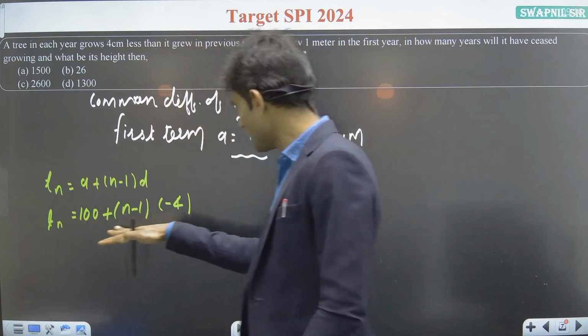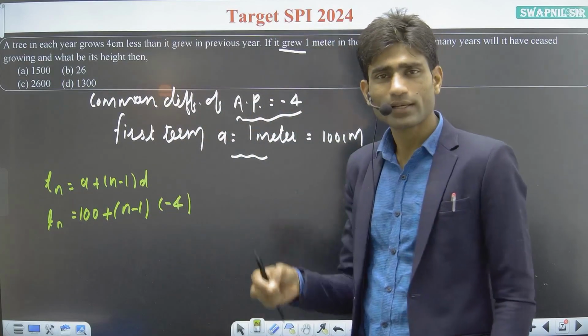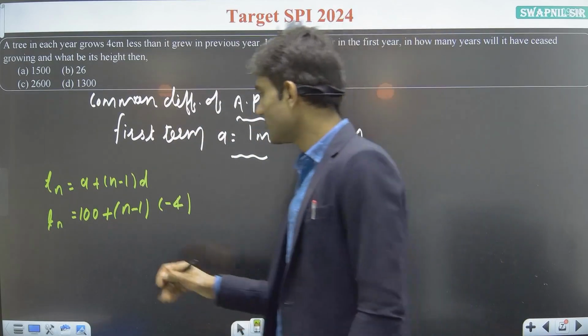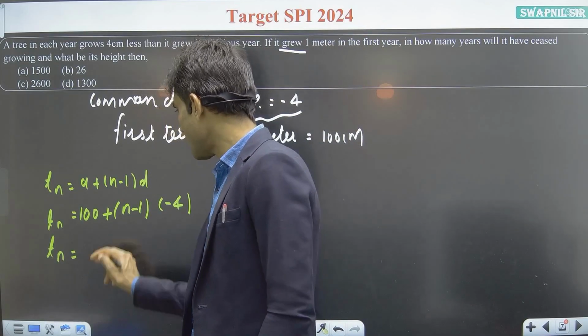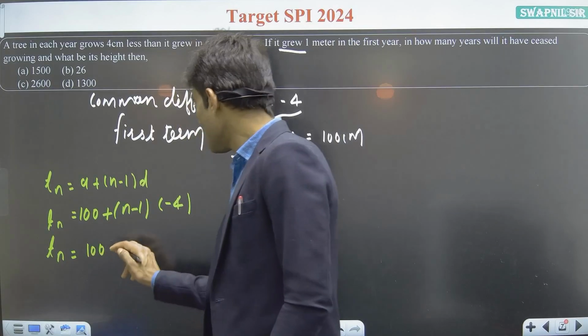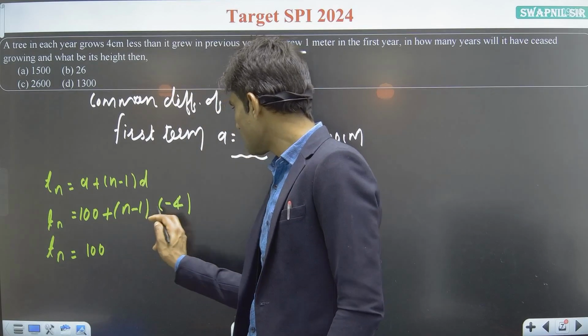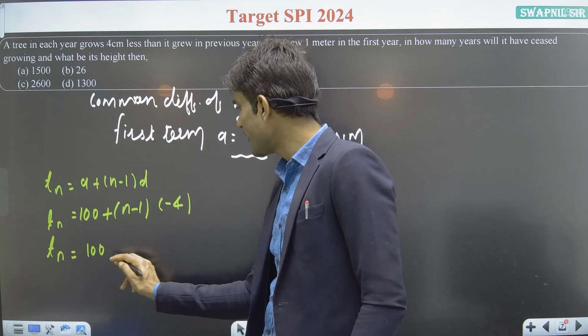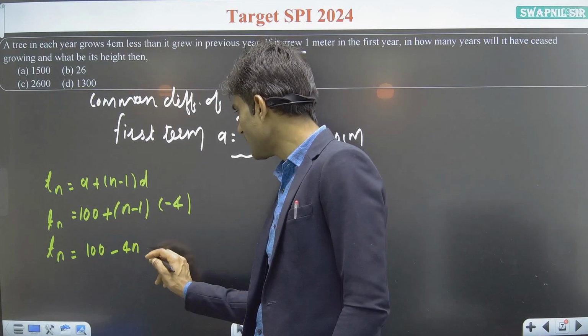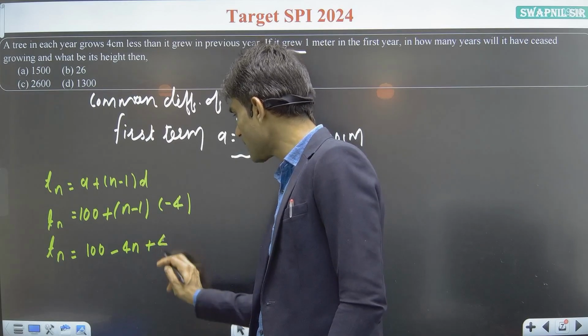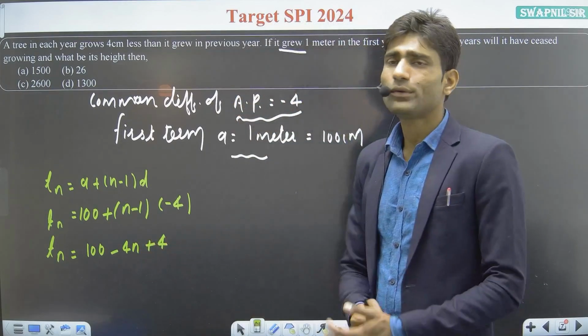Now let's go for the calculation at our next step and simplify our Tn in simple steps. So Tn can be written as 100 plus -4 times n, and -4 into -1 we write as plus 4.